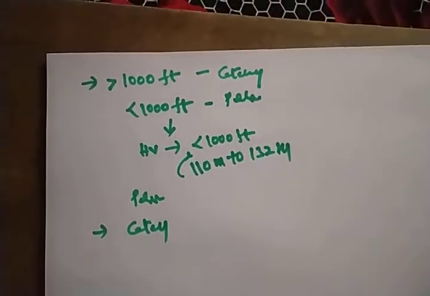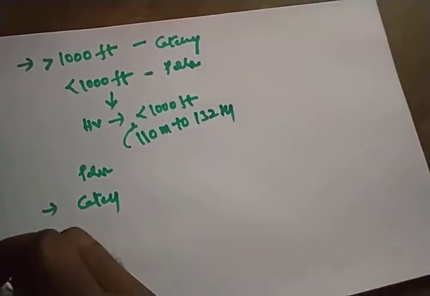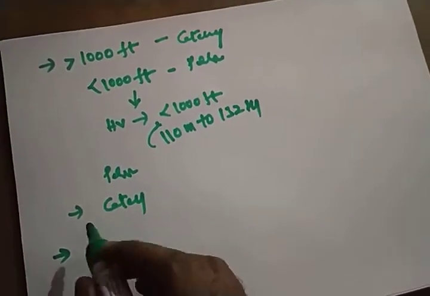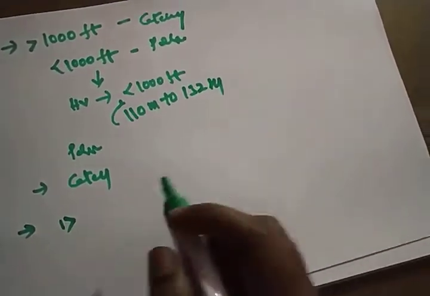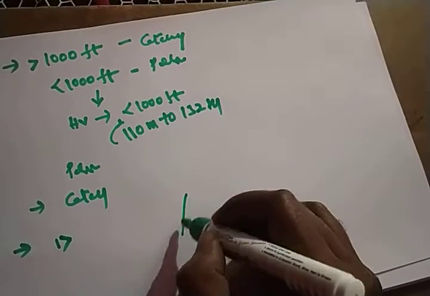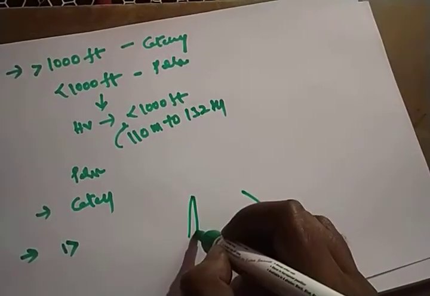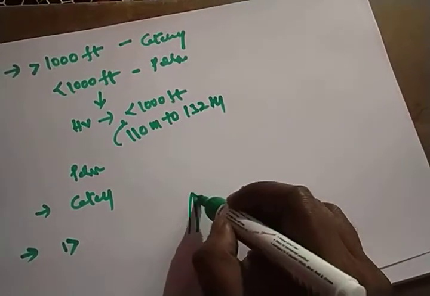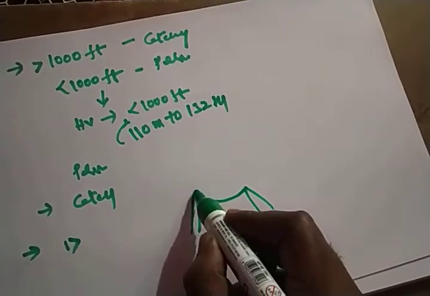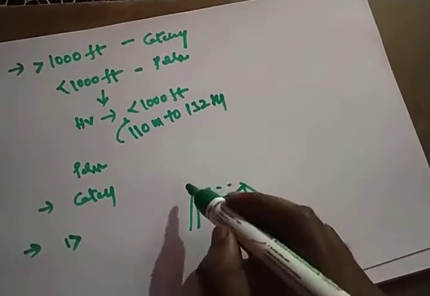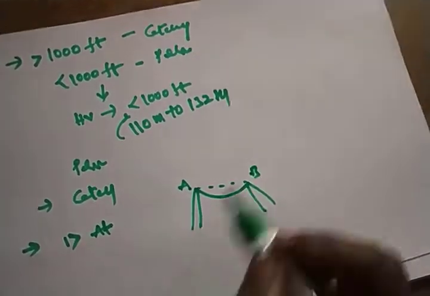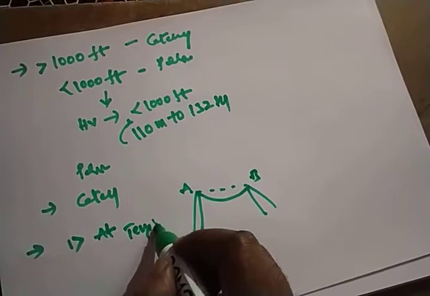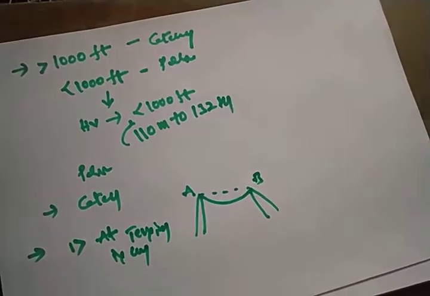After that, what are the influences? The first is, at any point in the curve, suppose these two are transmission towers, and this is the transmission line curve, from A to B. At any point from A to B, the tension is a constant value throughout the line.